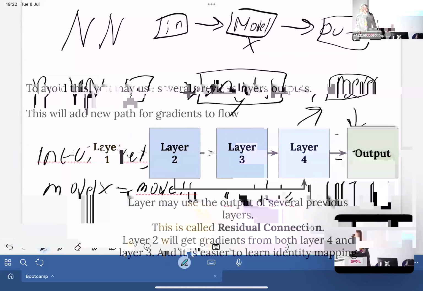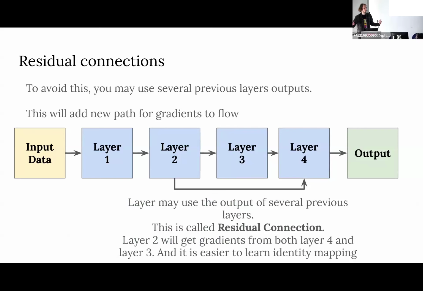The reason is that it becomes hard for the model to train to get this identity mapping and to learn something to increase its quality. We want to somehow help our model understand that at least it can do this identity mapping. How can we do it? We can say, let's go from layer 2 directly to layer 4.